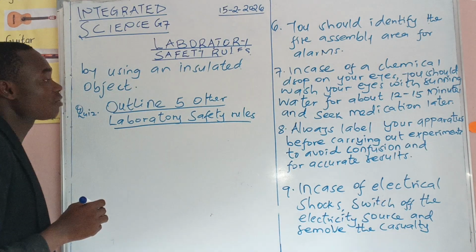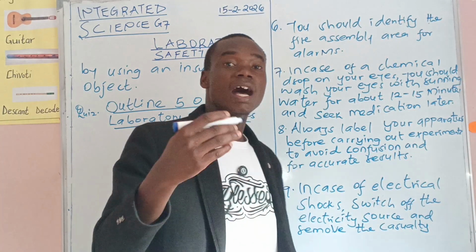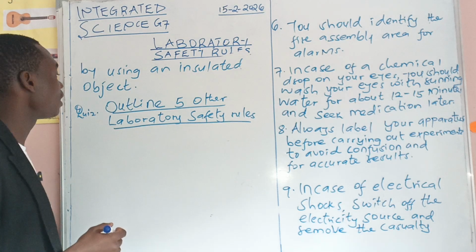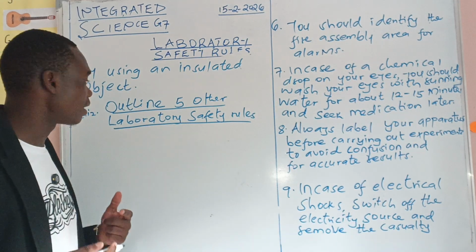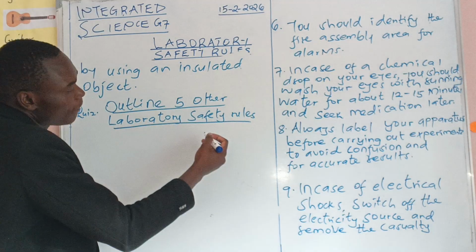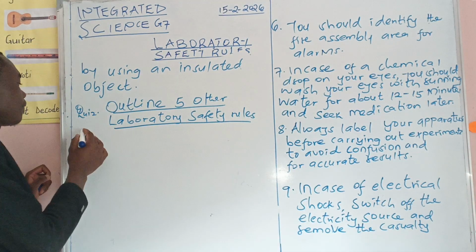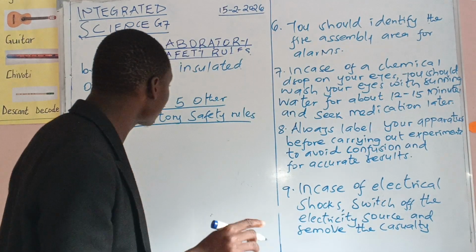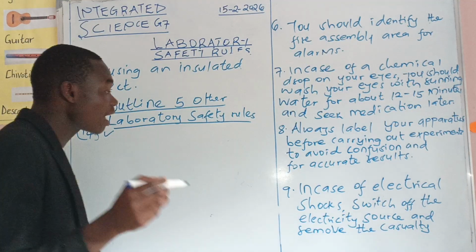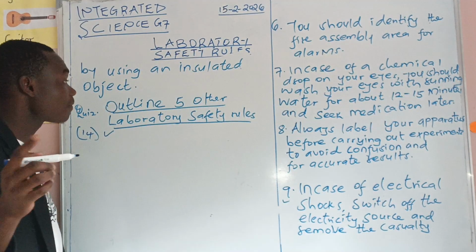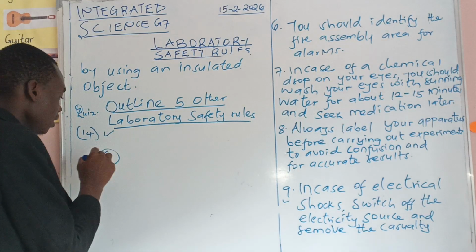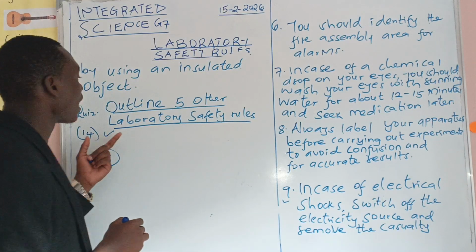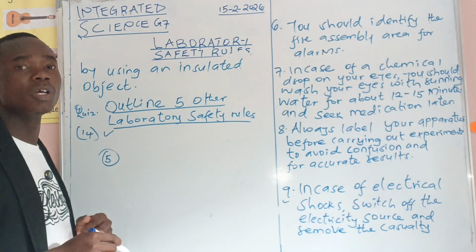As a learner, can you try from other sources to outline 5 laboratory safety rules? If you can have at least 5 plus these 9, you'll have 14. I'm certain that in an examination you cannot be asked 14 laboratory safety rules, or rather you cannot be asked 9. The safety rules asked cannot exceed 5 in an examination. So master the 9, and you can add some 5. I think you will be good to go.